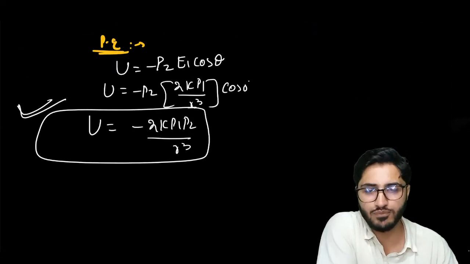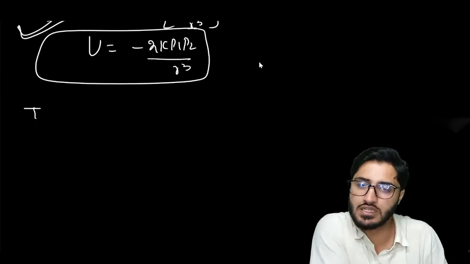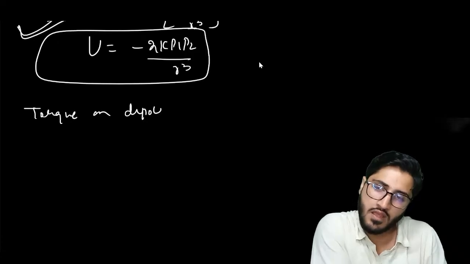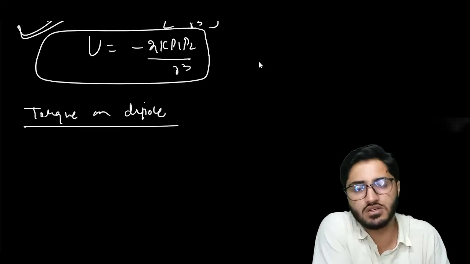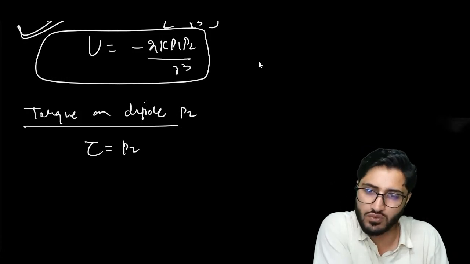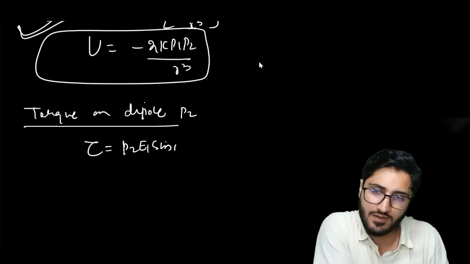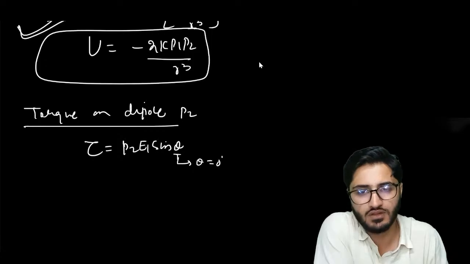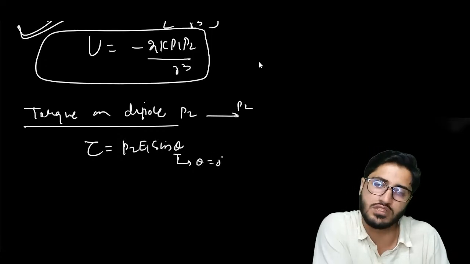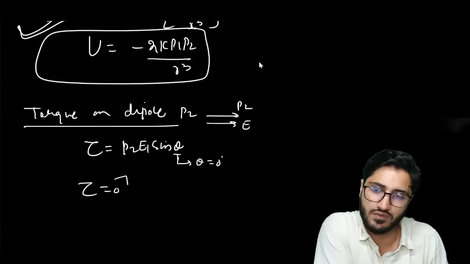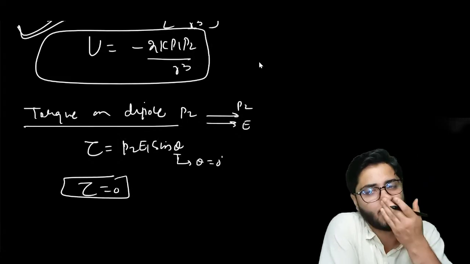Sir, what will be the torque on dipole P2? Torque on dipole. Which dipole? P2. Torque equals P2 E1 sin theta. I guess the angle is 0 degree. Look, P2 is like this, E is like this, na? Theta is 0, so tau is 0. So no torque on the dipole P2.